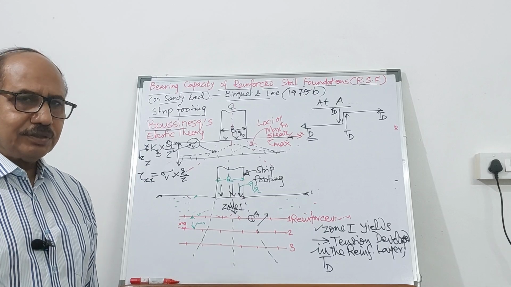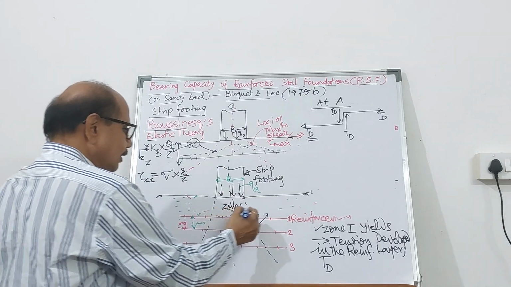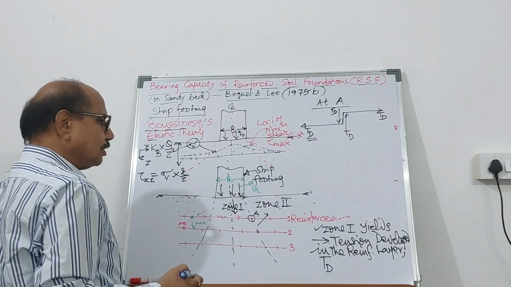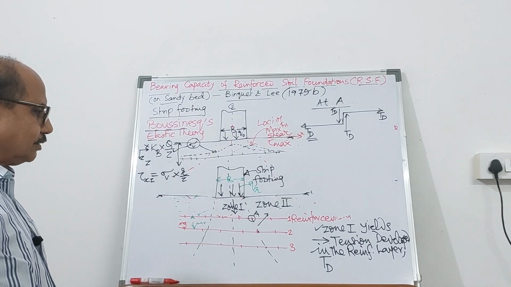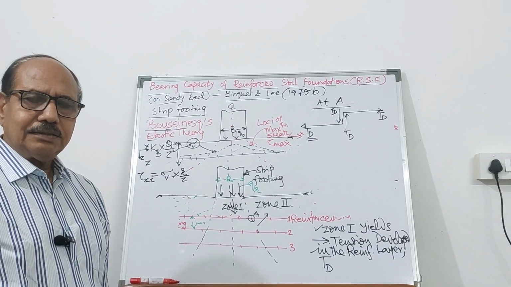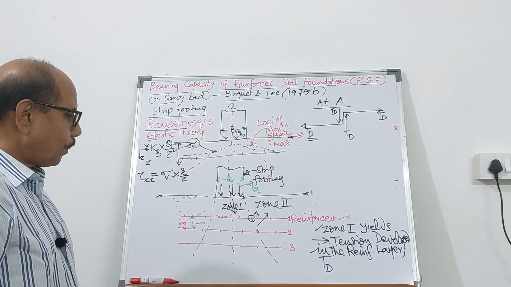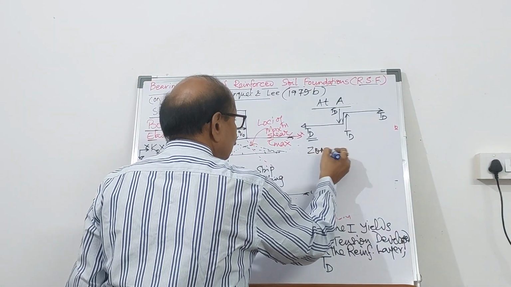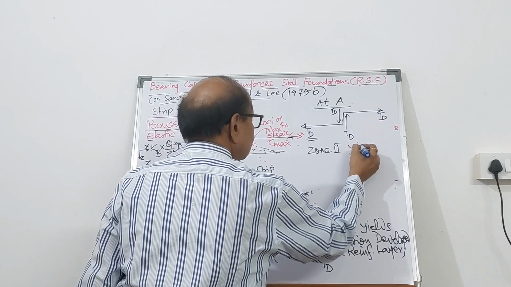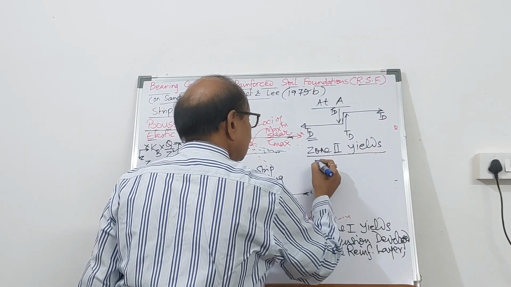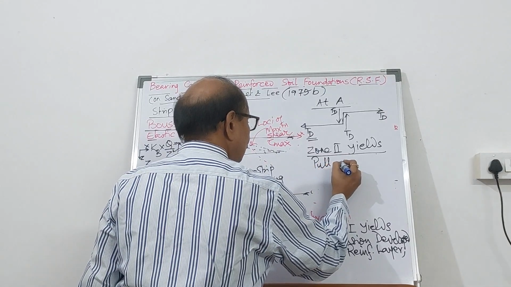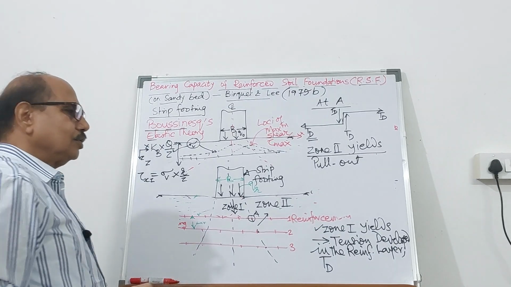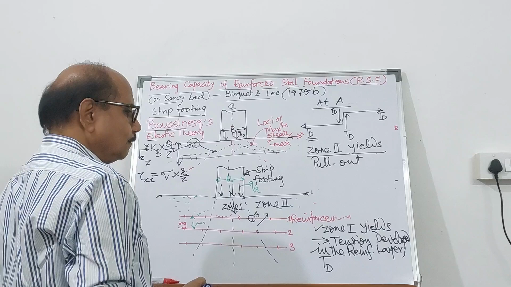What do you mean by non-dimensional terms? As you know, this is zone 1, and this is zone 2, beyond this line of maximum shear, the right hand side. So what does zone 2 yield? Zone 2 yields the pull out resistance.